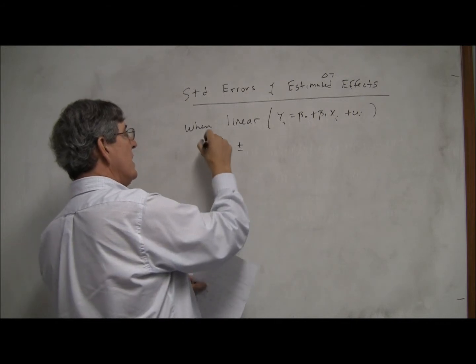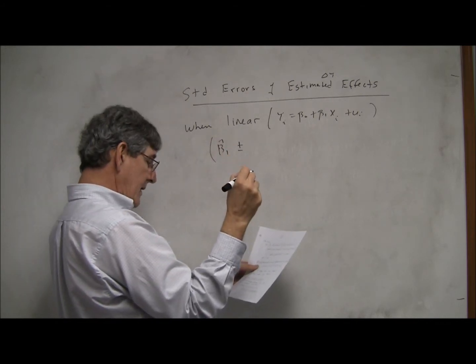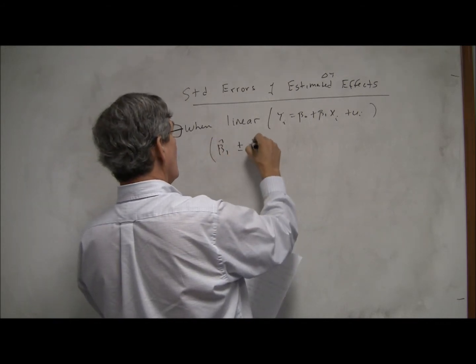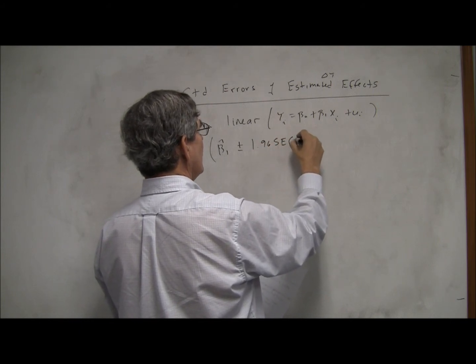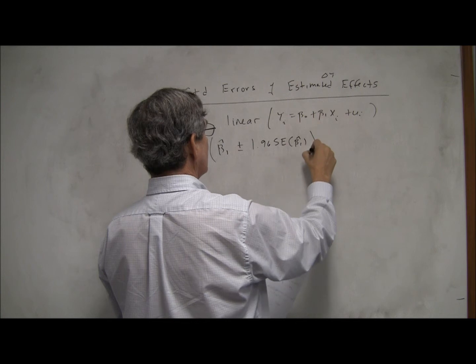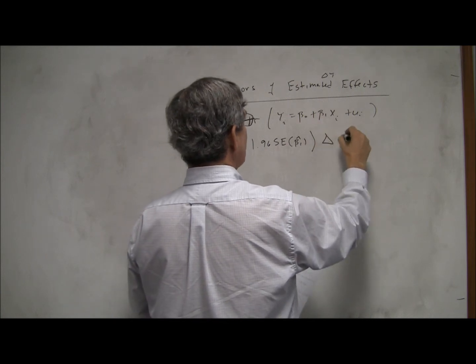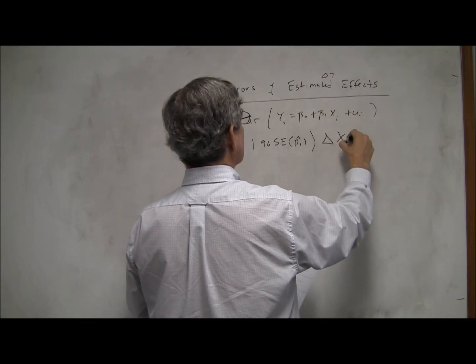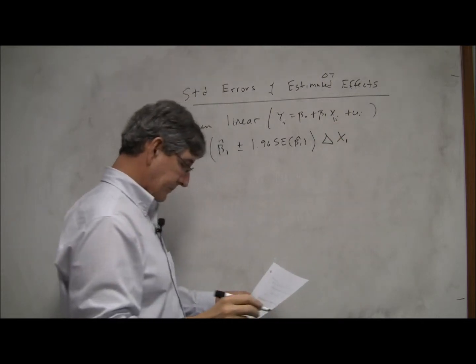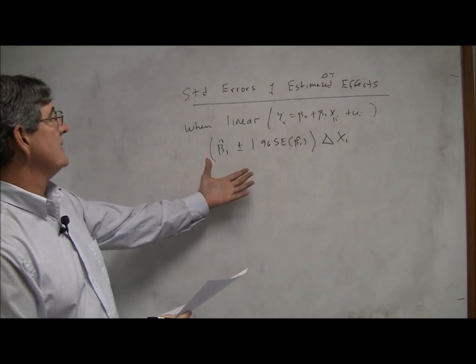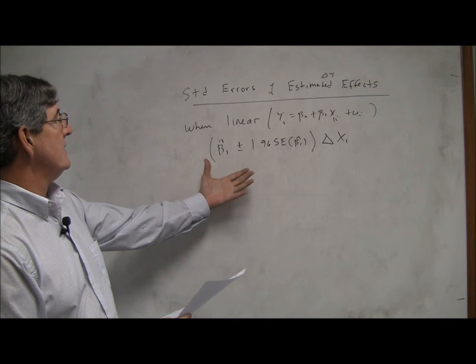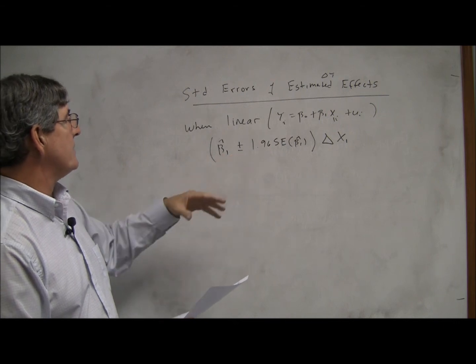In that case, we know that the confidence interval is beta 1 hat plus or minus 1.96 times the standard error of beta 1 hat times the change in x1. This is x1 here. And we learned that before. We did an example of this in a previous chapter.